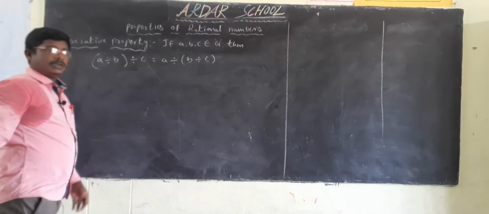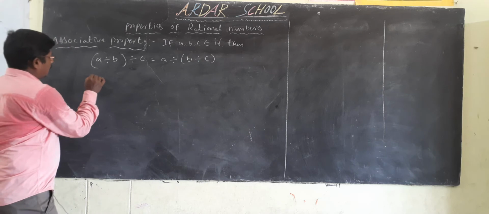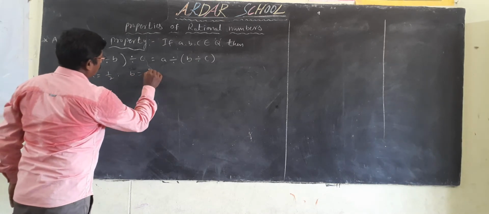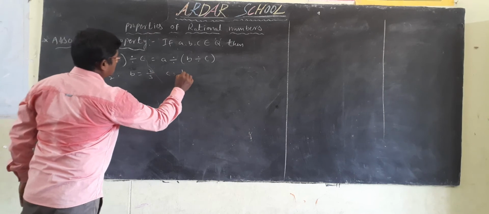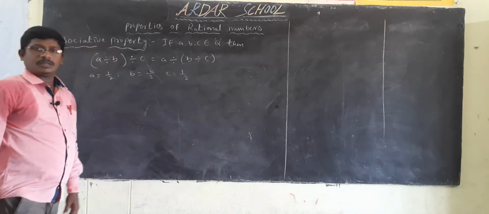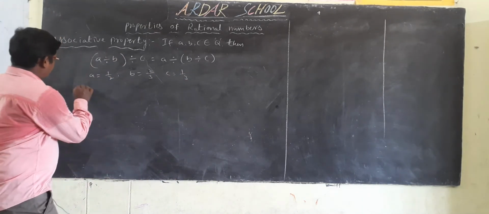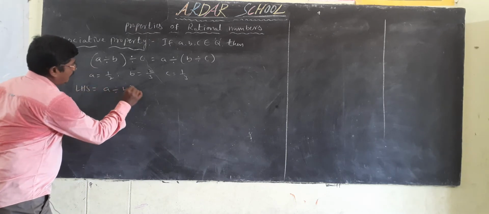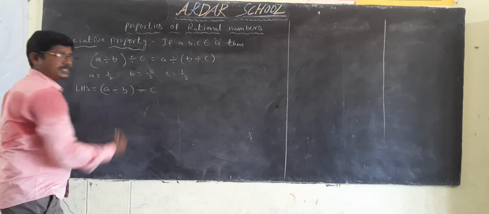Okay, take one example. Here a is equal to 1 by 2, b is equal to 2 by 3, c is 1 by 3. Okay, so LHS is equal to a divided by b divided by c.